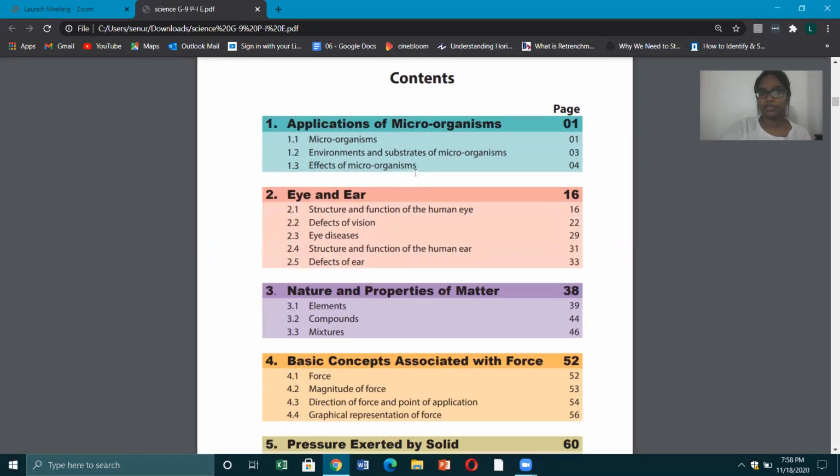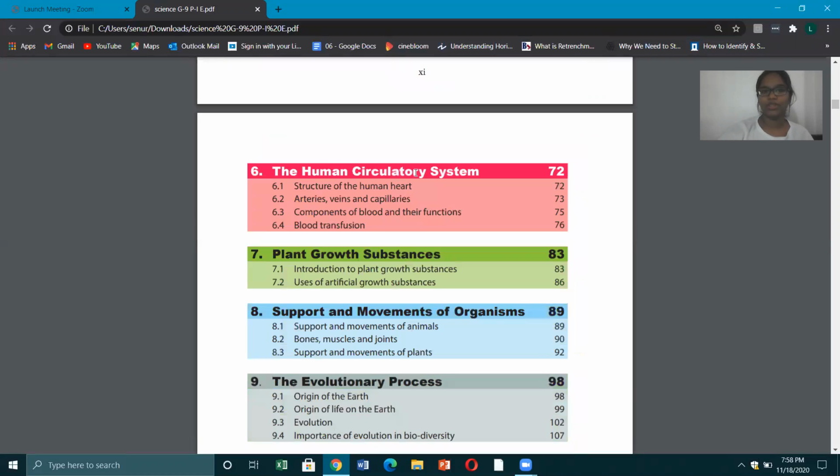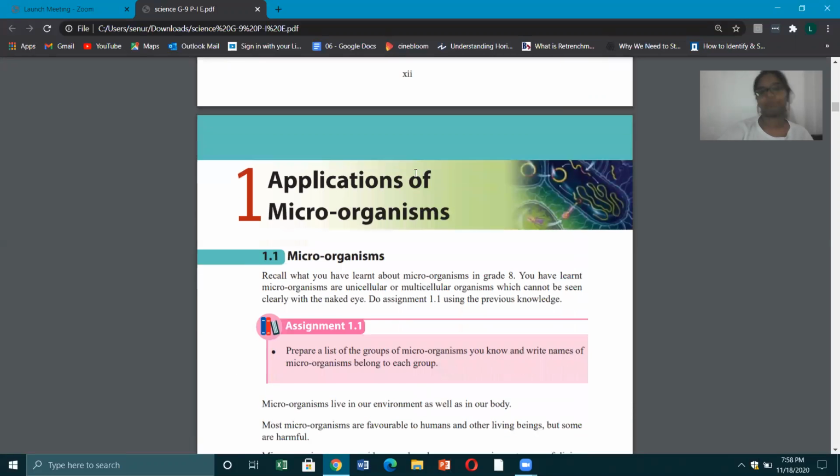The first lesson is applications of microorganisms, and there we have 3 subtopics. The first one is the definition of them. The second one is environments and substrates of microorganisms, whereas the third one is effects of microorganisms. So let's move on to the first one.